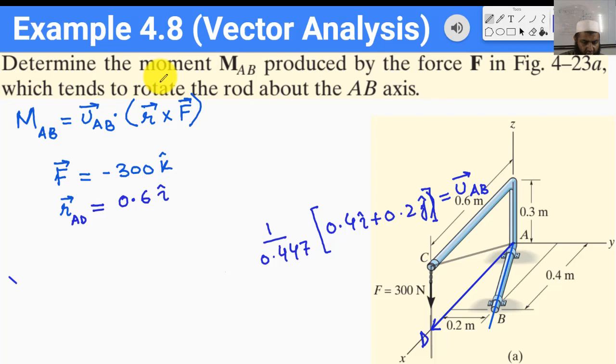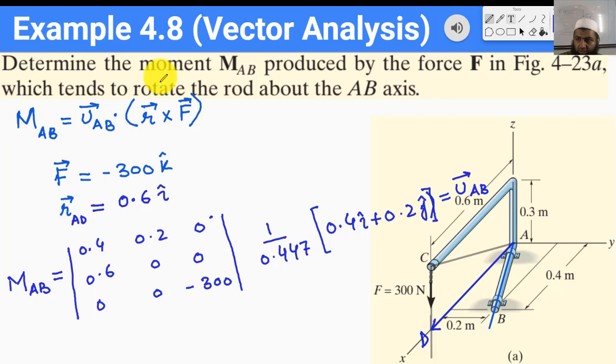So my moment is just equal to the determinant of this vector 0.4, 0.2, 0, and next comes R, which is equal to 0.6, 0, 0, and then we get 0, 0, minus 300, and then we have this magnitude here, 0.447.